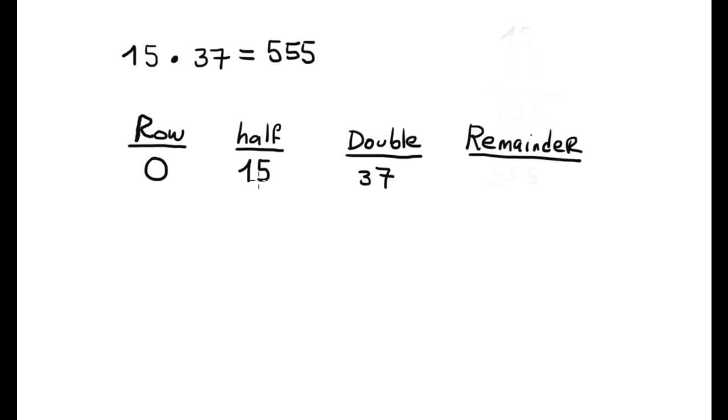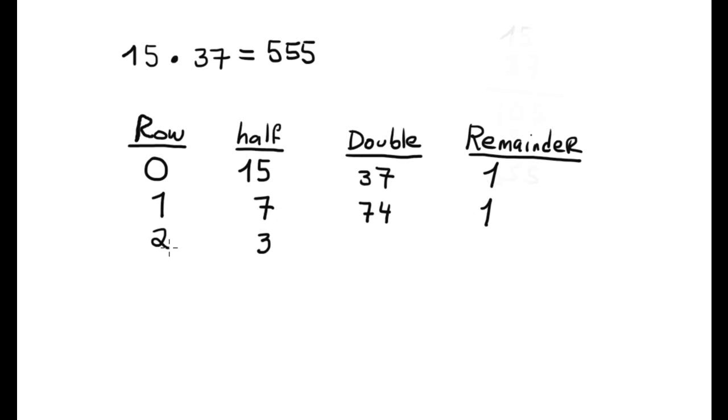15 divided by 2 is 7, and the remainder is 1. This is the first row, and you duplicate this: 37 times 2 is 74. Now again, 7 divided by 2 is 3, remainder 1 again.